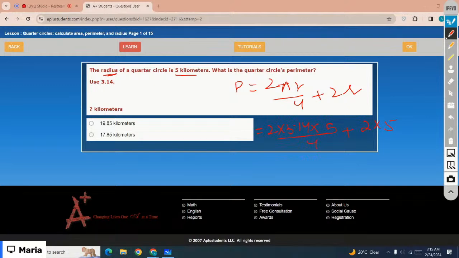Just do the calculations. 2 times 3.14 times 5, that is 31.4, divided by 4, that is 7.85, and plus 10, so that is 17.85 kilometers. The correct option is 17.85 kilometers. Option number 2 is the correct option. Got it?